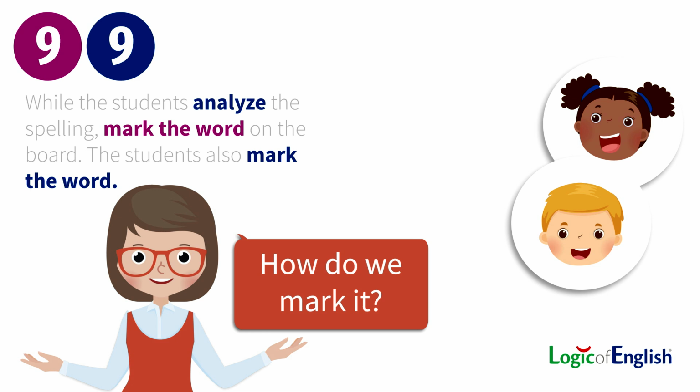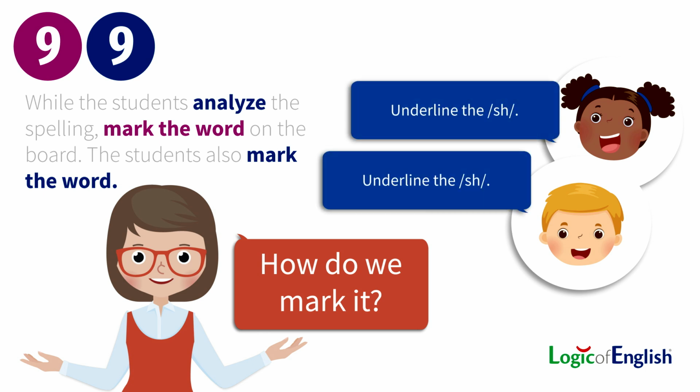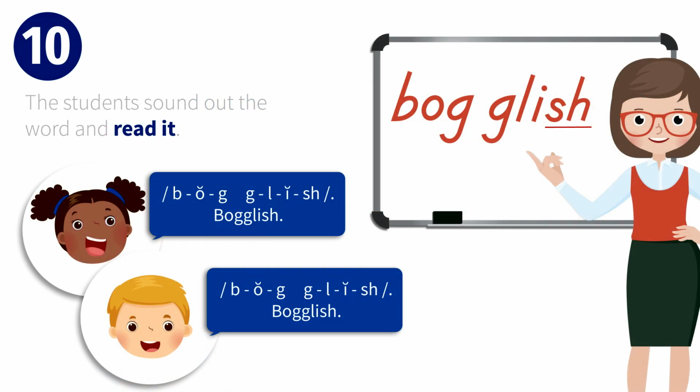And then you will ask the students how they mark it, and they'll analyze it. How do we mark it? Underline the sh. And then we'll read it. B, A, G, G, U, I, sh. Boglish. Does that make sense?